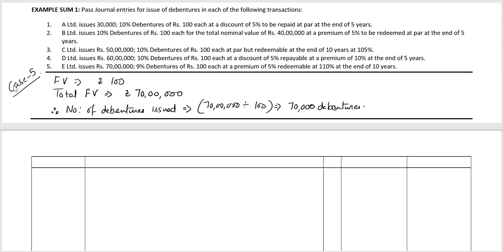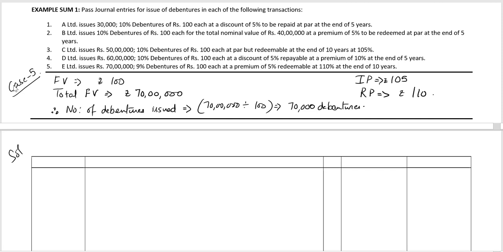The issue is at 5% premium, hence the issue price is 105 rupees and it's redeemable at a premium of 10%, so the redeemable price is 110 rupees. We'll move on to the solution.